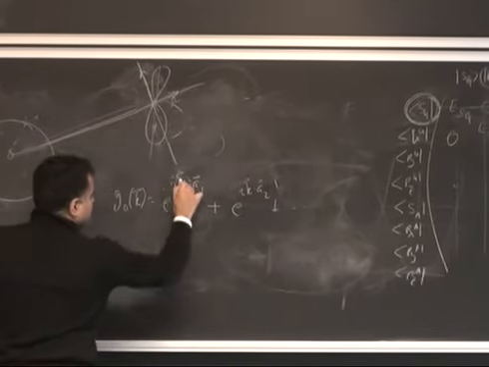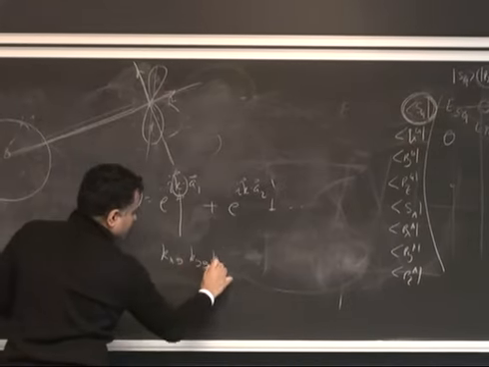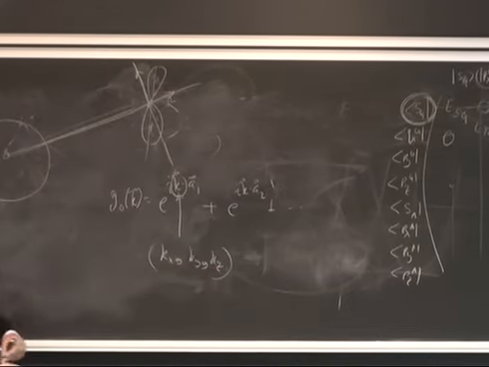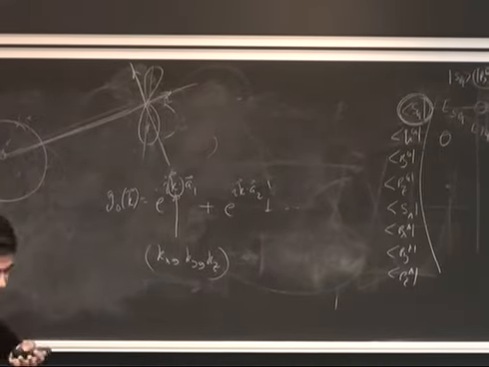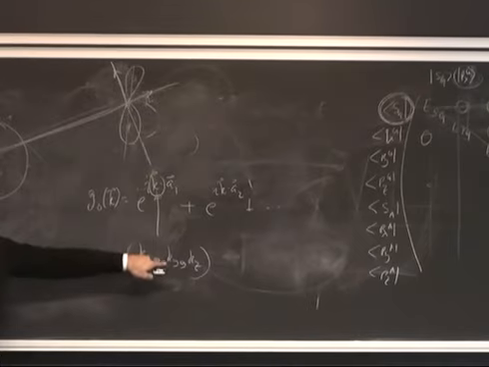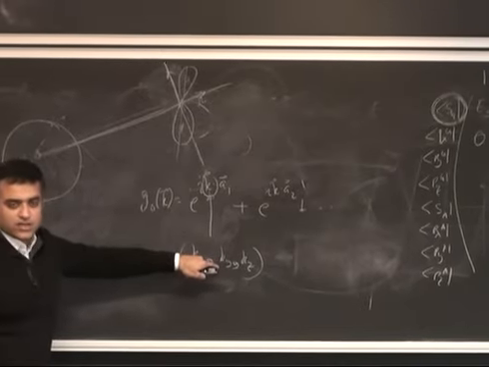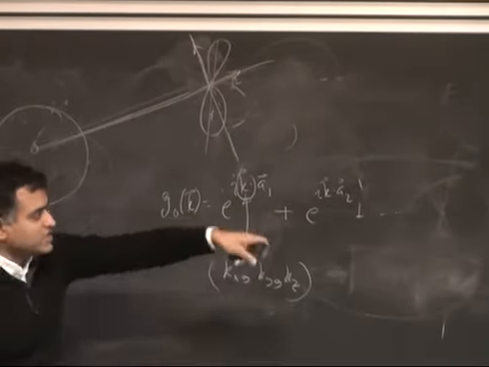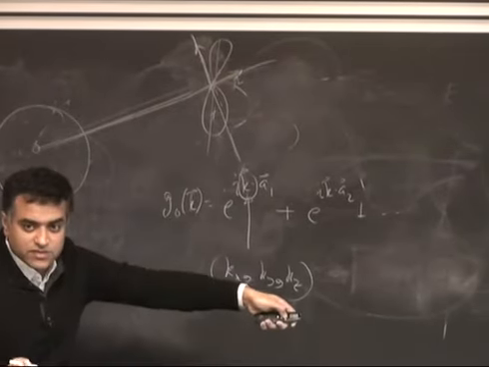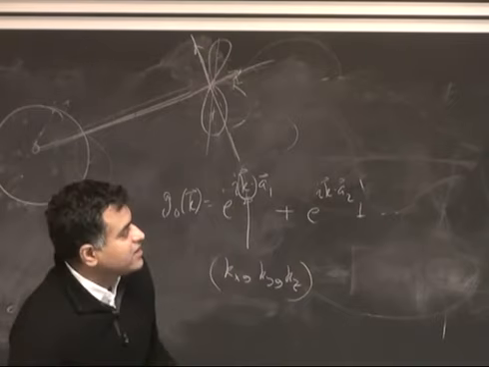And each of these k's is kx, ky, kz. So when you ask Mathematica or MATLAB to find the eigenvalues, it's going to first ask you, tell me your kx, ky, kz. Only then can it tell you the eigenvalue, because this is a variable. Everything else is a constant. All these V terms are constant. Only k is a variable. And as you change the k, this is what's going on.